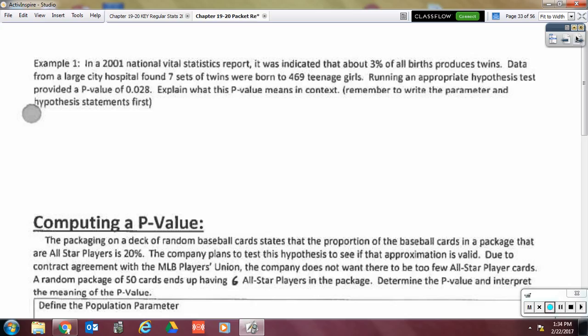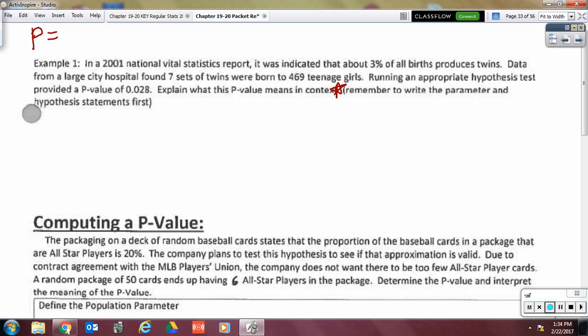This is what we're going to be learning, but first we are going to remember to write the parameter, the null hypothesis, and the alternative. I'm going to use some of this space up here. P equals, what is this problem about? You remember doing this parameter stuff?